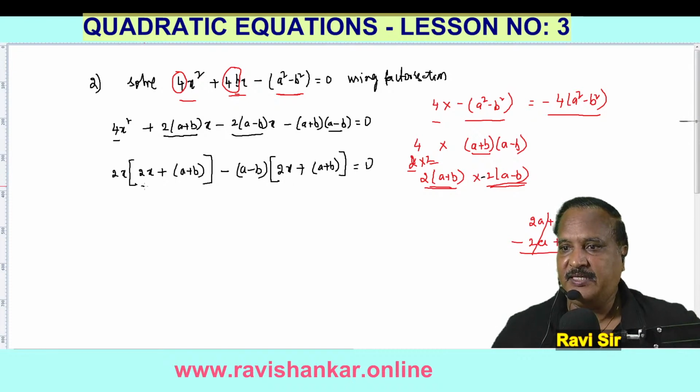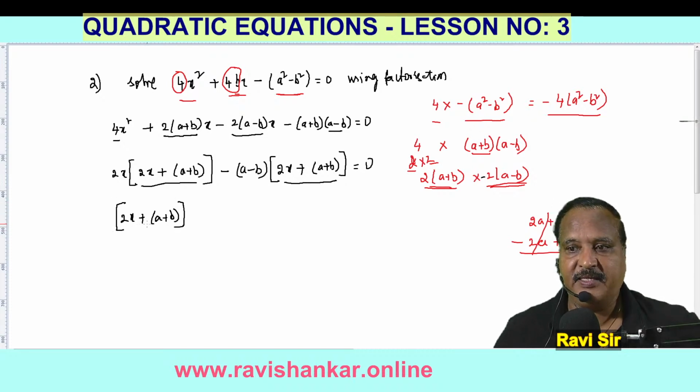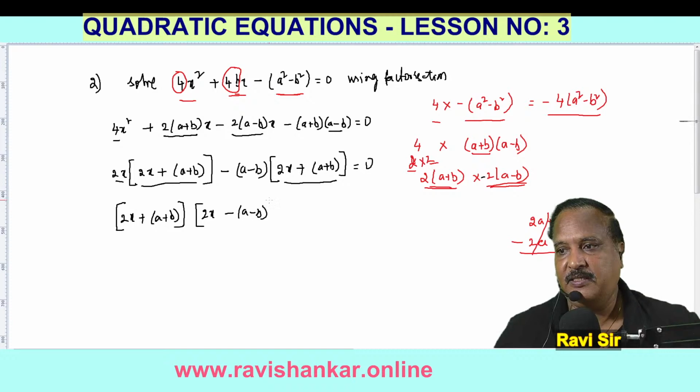Now you see these two factors are same. So again you take that factor as common. I am keeping square brackets because the same type of bracket should not be used twice in the same expression. So this is 2x here and minus a minus b is equal to 0.